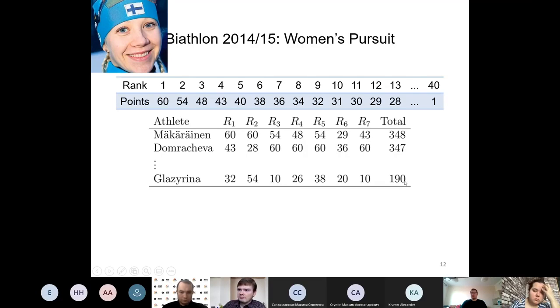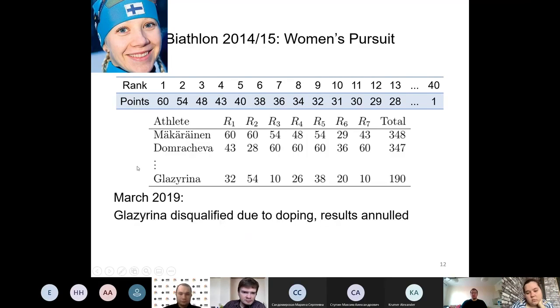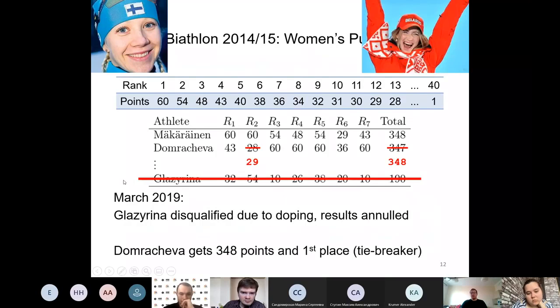She took much less points than these 2 best competitors. But 4 years later, Glazirina was disqualified due to doping, and her results were annulled. Then she was cut out of every race protocol, and Domracheva got 1 additional point in race 2 because Glazirina was above Domracheva in that race.